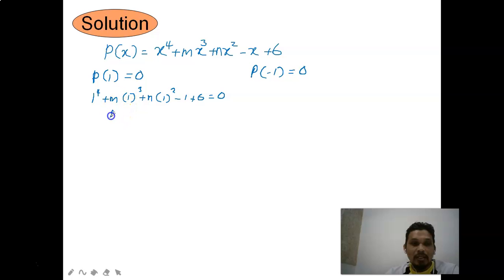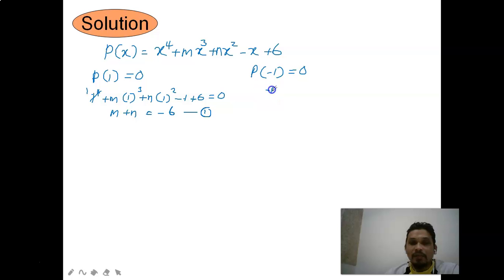Okay, m plus n, 1 plus 1 minus 1 equals 0, plus 6 equals 6. Bring to the other side and it becomes negative 6. Equation 1.